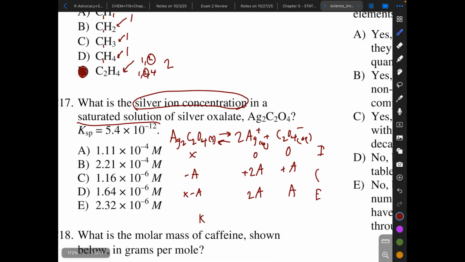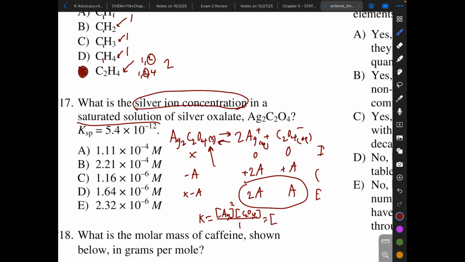Remember, an equilibrium expression has to deal with this last part. So K has to deal with the products, which we know are silver and oxalate. There are 2 silver involved, so you would square the silver. And there should be nothing in the denominator because the reactant is a solid, so we can ignore the denominator completely.